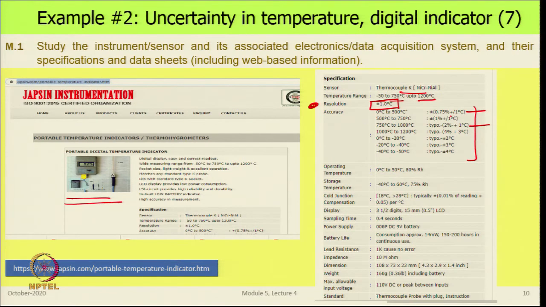It says 0.75% plus or minus 1 degree Celsius, whichever is greater. That is the accuracy, another piece of information we would like to have. Then there is cold junction temperature display, 3.5 digits, sampling time 0.4 seconds, and then the rest of the information. This is a case like we saw with the infrared temperature measurement device, where we do not know what is inside the electronics; we just know these broad parameters and we have to work with the indication that the instrument gives us.